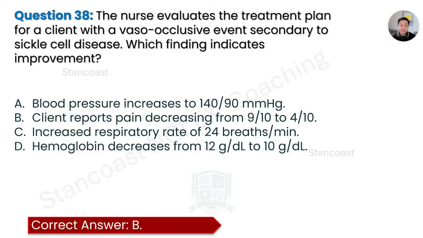An increase in the respiratory rate can indicate issues with pain, could be dehydration, hypoxia, all of which would suggest that the treatment is not effective in managing the crisis. For letter D, another incorrect option, a decrease in the hemoglobin could indicate worsening anemia or possibly hemolysis, which is common in sickle cell disease, but it does not suggest an improvement of the VOE.